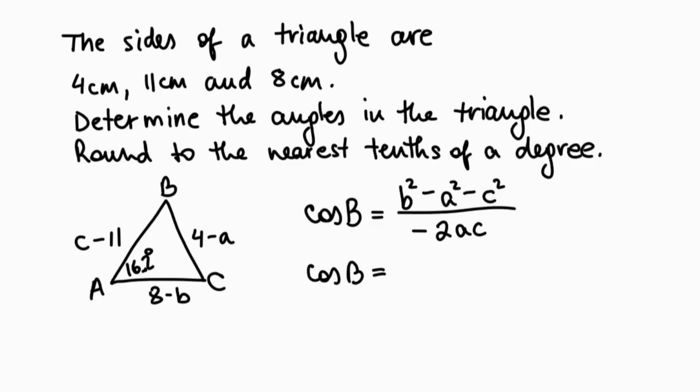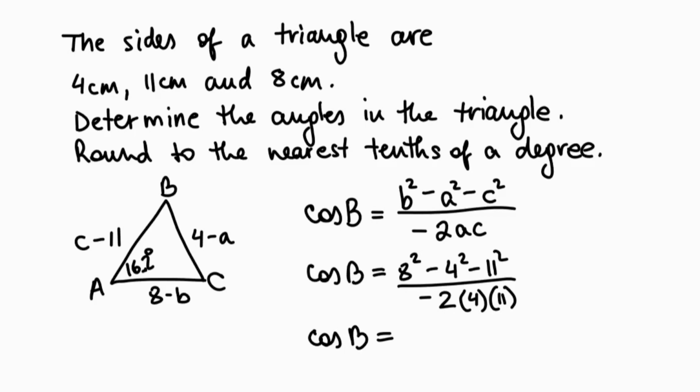Cos B equals b squared is 8 squared minus a squared minus c squared over negative 2 times 4 times 11. Let's evaluate what this equals to. Cos B equals 0.8295.